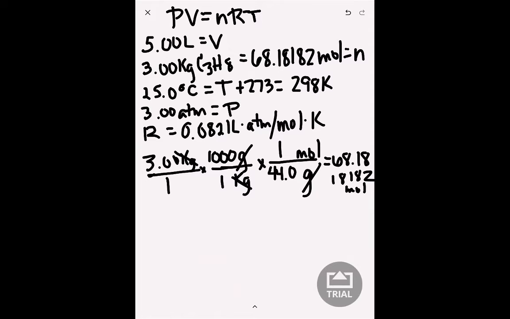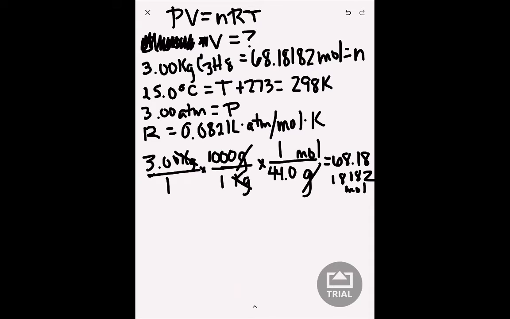So right now we have it in a 5-liter tank, but we're going to change the temperature and the pressure. How will that change the size of the tank? So the volume is what we're looking for, because it says how large of a container. We're looking for the volume of the new container.